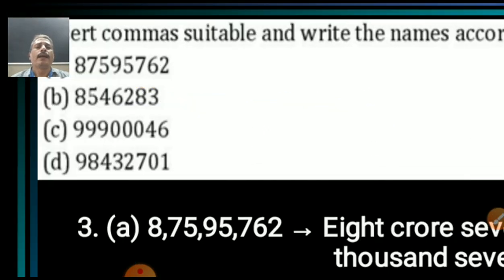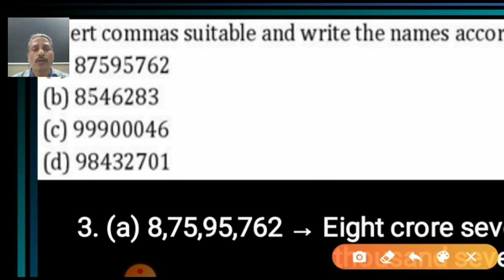Number is written 87595762. First of all, we should have to write a comma or put the comma. How to put the comma? We should have to start from right side and count 3 numbers. 1, 2, 3, and then put the comma.